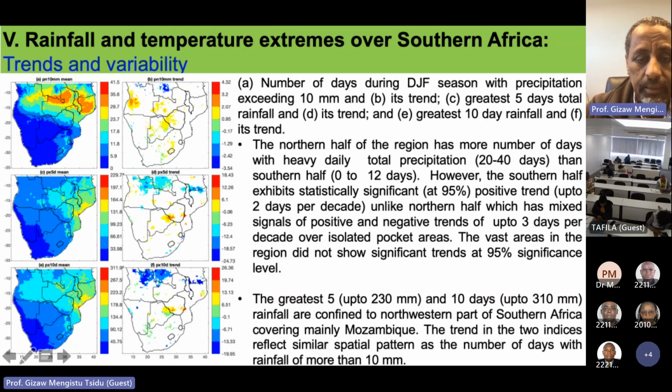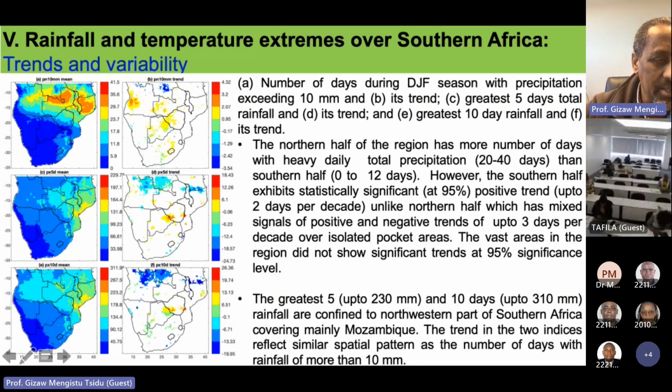Clearly here, there is not much rainfall in much of South Africa, shown by blue. You can see only about 6 days in a season get rainfall of this kind, 10 millimeters and above.